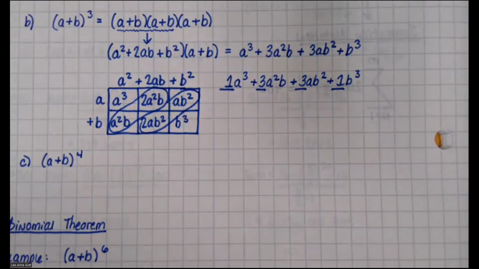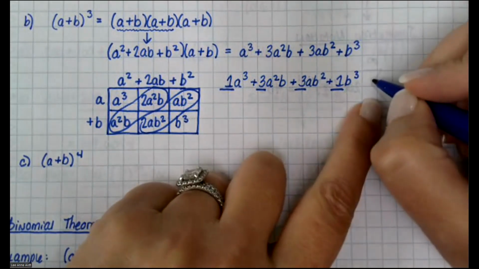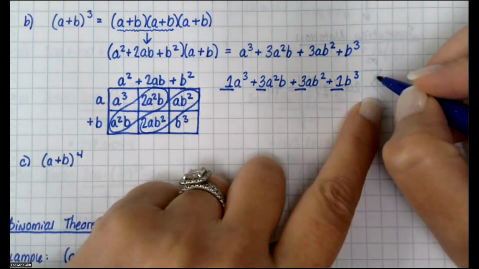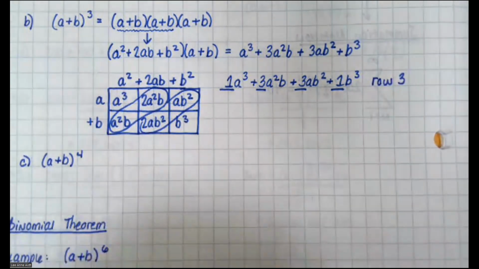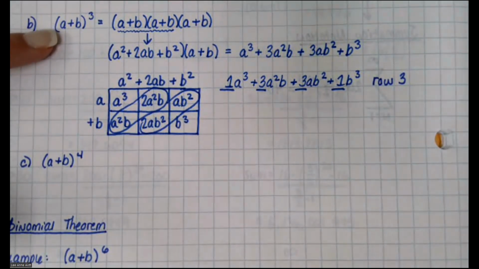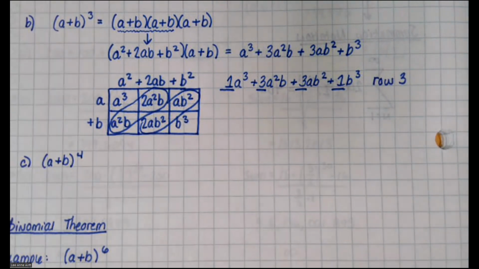Okay, what row is that? Row 3. And what in my initial problem should indicate to me that I would be working in row 3? Cubed.